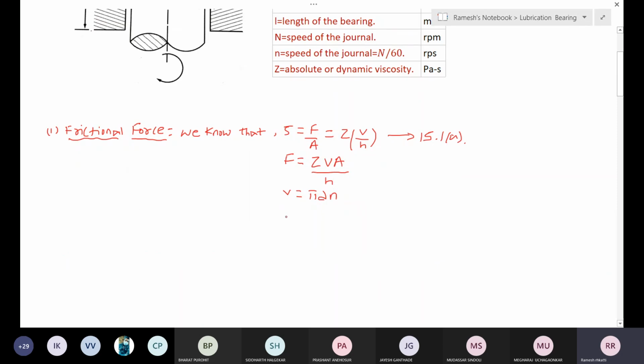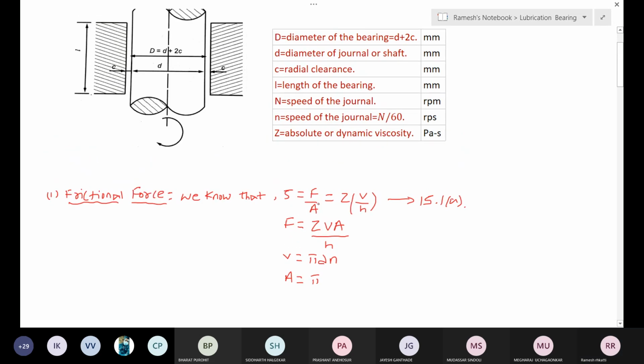A is equal to pi into d into the length of the bearing. Instead of d, I will represent it in terms of radius.